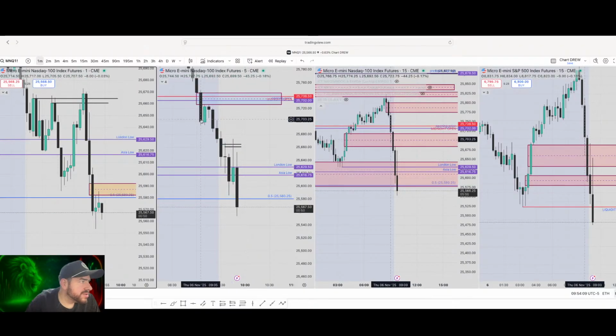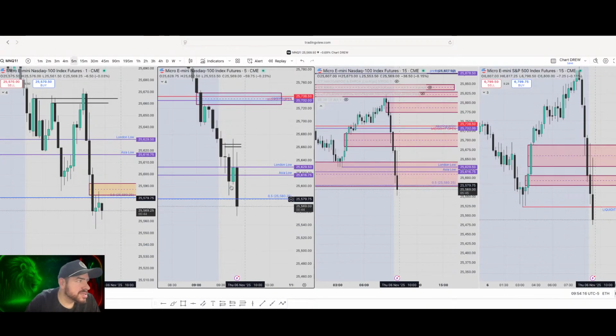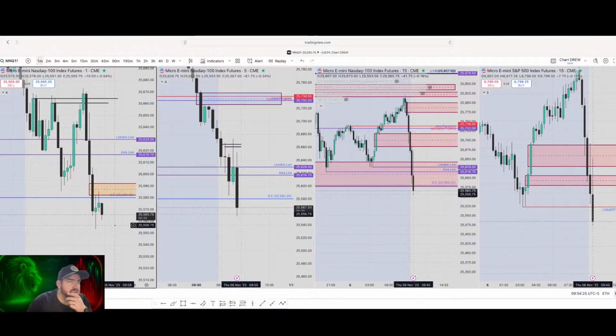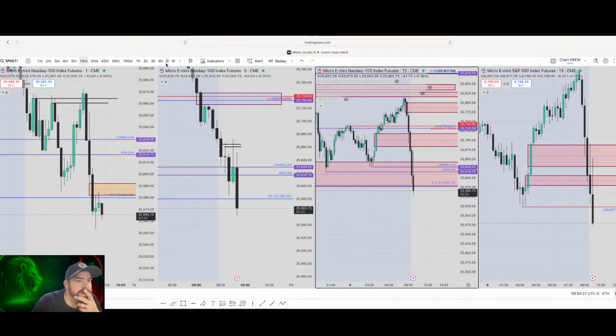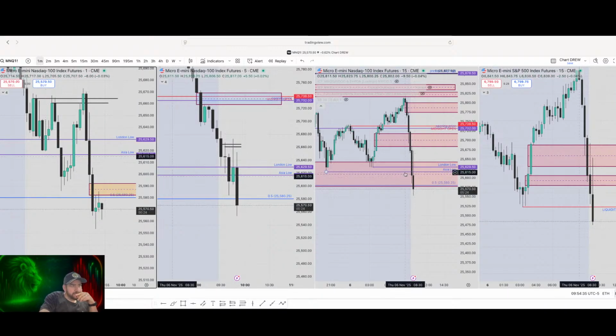There are no fair value gaps that we've seen since we opened. So I usually like to see at least some kind of fair value gap here. Or even on the 15 minute, there's nothing there. So no trades right now. But lower looks good to me overall.